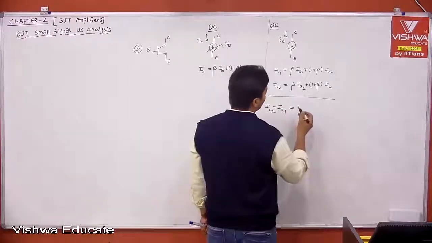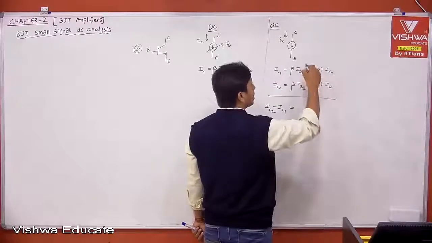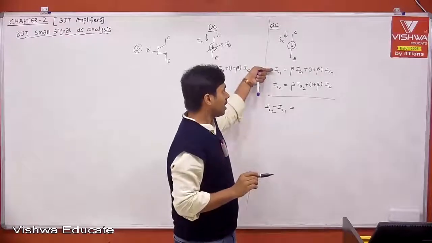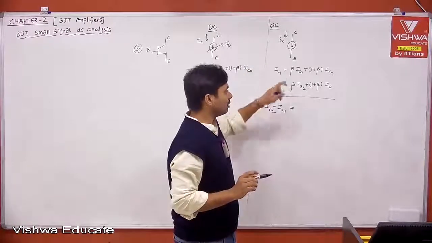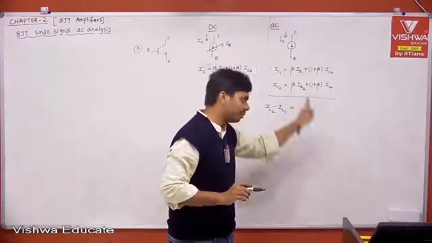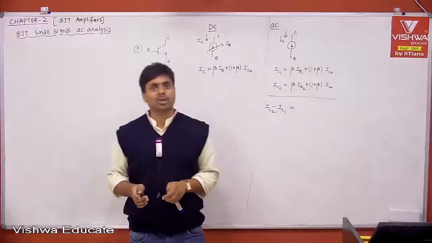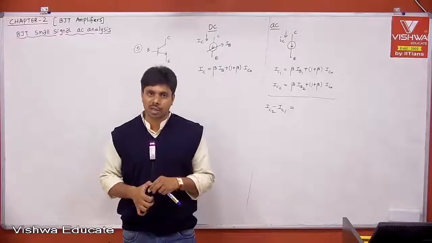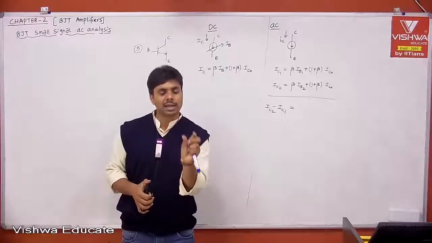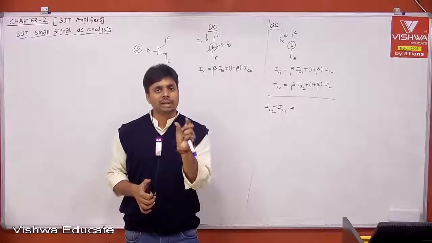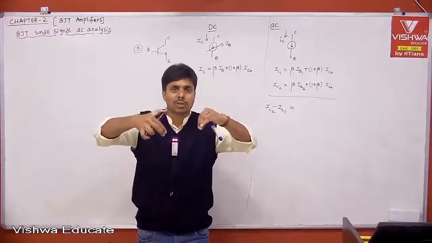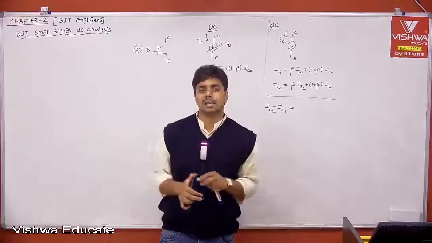Whatever DC or constant quantity between IC1 and IC2 is not changing with respect to time will be cancelled. During AC analysis, if there is anything which is not changing, it will be cancelled when you take delta, because when you take this minus this, the constant factor in the equation will be cancelled out.